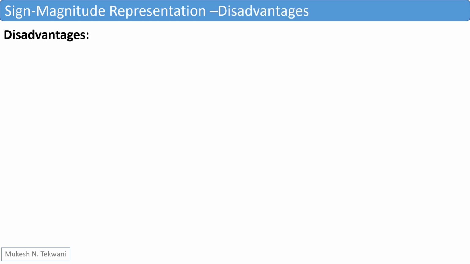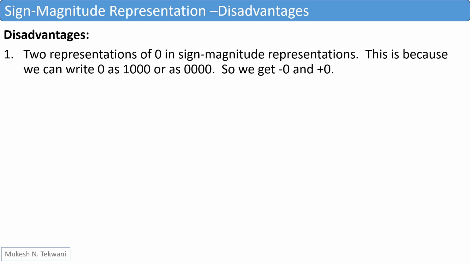Now there is a disadvantage with sign magnitude representation, and that disadvantage is that there are two representations of 0, because we can write 0 as 1 0 0 0 or as 0 0 0 0. We saw that 3 bits contribute to the magnitude, and the leftmost bit only contributes towards the sign.